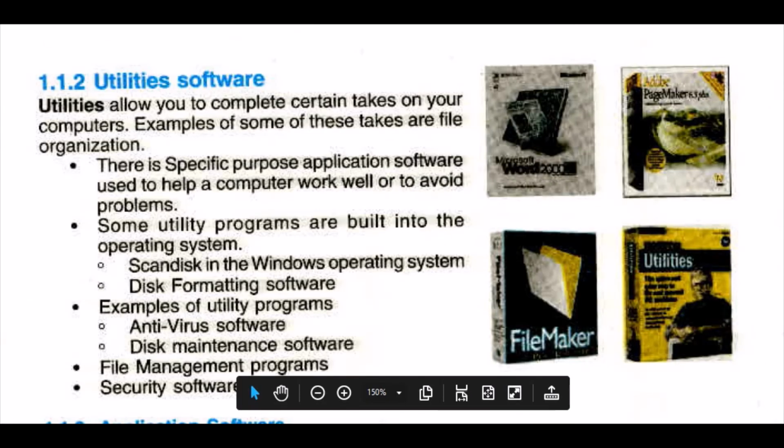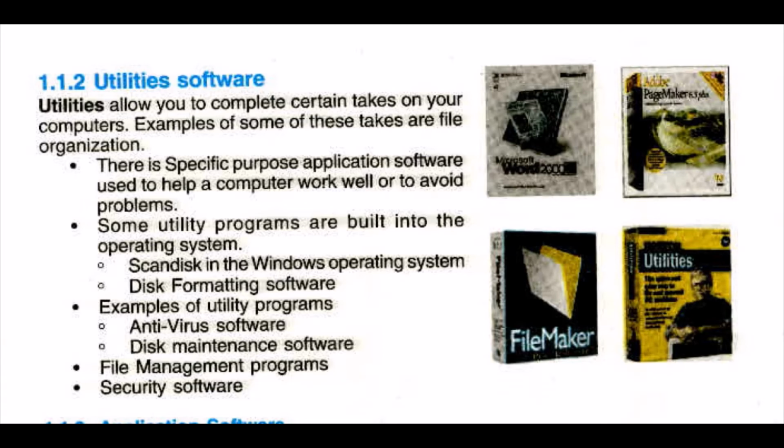This is an example of built-in software, utility software. Utilities allow you to complete certain tasks on your computer. Examples of some of these tasks are file organization: how you organize your files, where you save the file, where you open it. There is specific purpose application software used to help the computer work well.